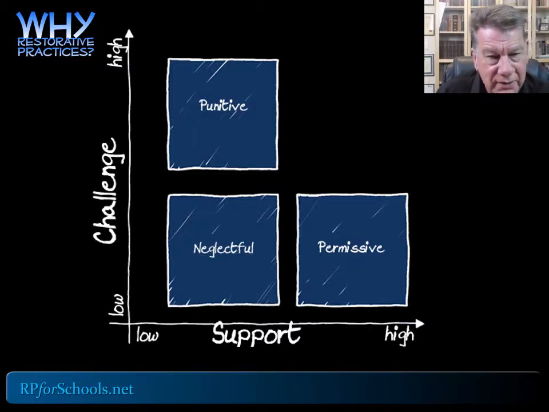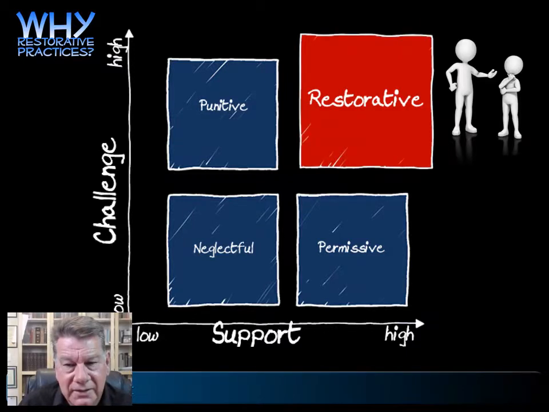So what we want to do in restorative practices is to work with high challenge, high expectation, as the APA said, high challenge and high levels of support. We want this interaction between the developmentally mature adult and the young person to be challenging, but in an environment of support for that young person to make the step towards the right move.